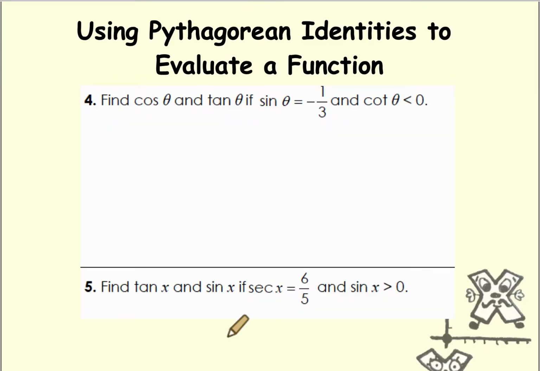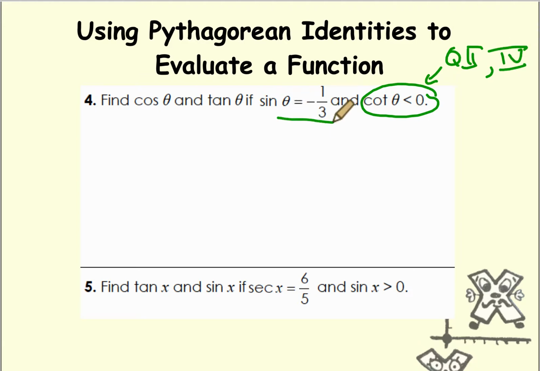Okay, so now let's go ahead and use them. So it says find the cosine and tangent if the sine is negative 1/3. Remember what this means is that the cotangent is going to be evaluated to be a negative. And so cotangent is going to be negative in quadrants 2 and 4.